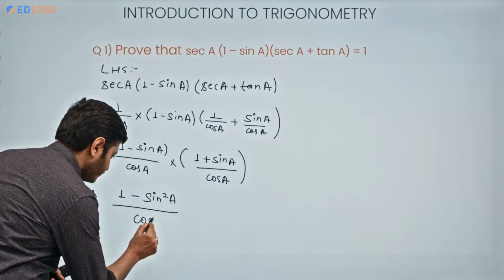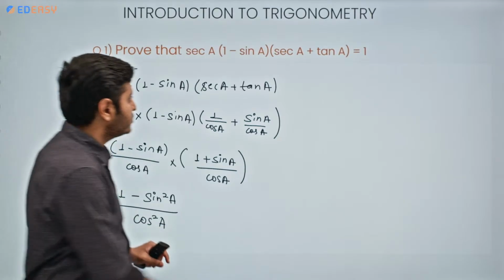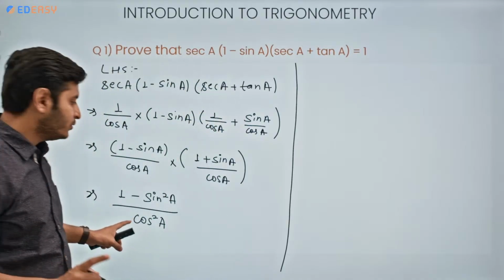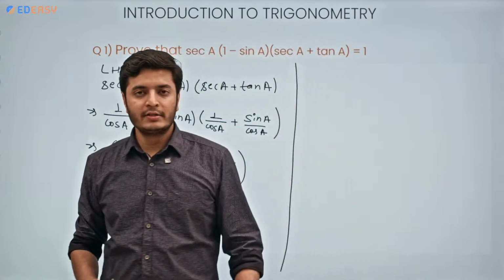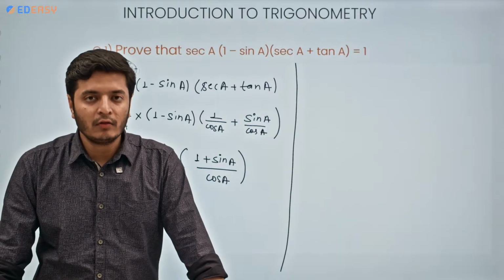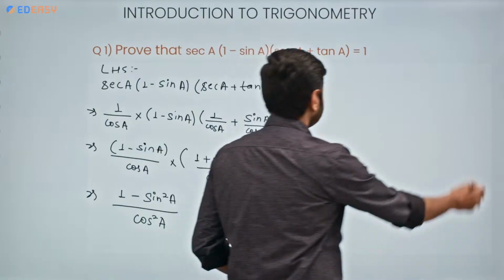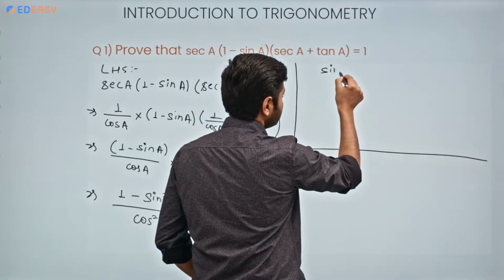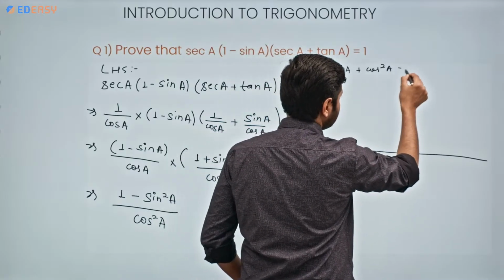Now we are here. Let me divide the whole portion in half. We are going to continue from this portion. We know the identity, which identity? Sin square A plus cos square A is always equals to 1, correct?